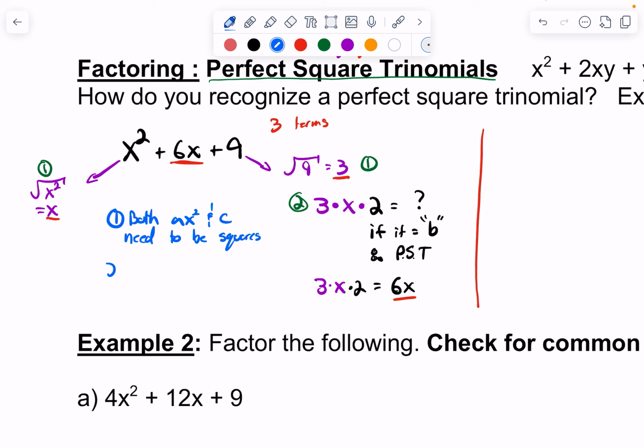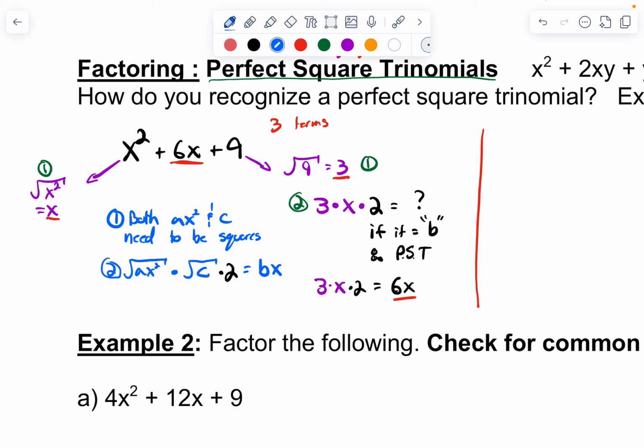And then step 2, taking the square root of whatever that a of x is and multiplying that by the square root of whatever the c is, because you've already told me that they're squares, and then if you multiply that by 2, it needs to equal b of x.